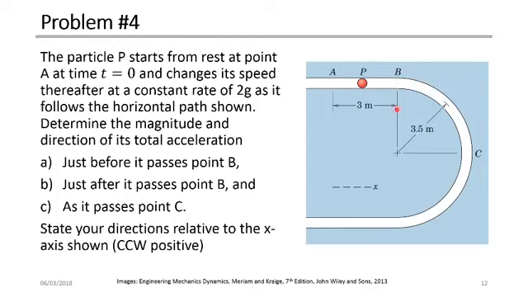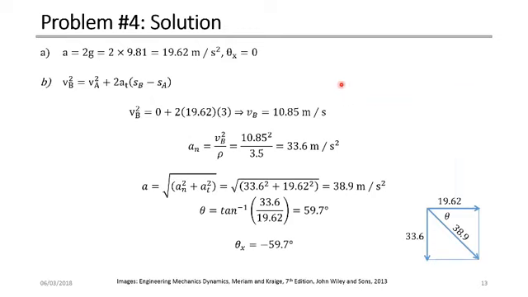In order to calculate the normal acceleration, we want to get the velocity of the particle at this point P. So we need to find the velocity at this point. Going back to study the motion of the particle between points B and A, Vp squared, the final velocity squared, is Va squared plus 2 multiplied by the acceleration multiplied by the distance between B and A, which is given as 3.